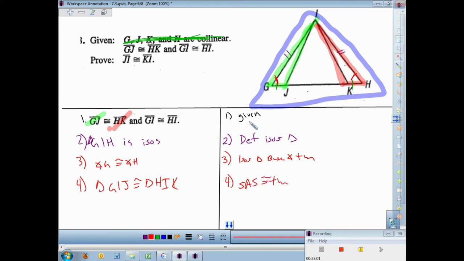That's rock and roll. And then to prove segment JI congruent to segment KI, those are corresponding parts. So I finally get segment JI congruent to segment KI because they are corresponding parts of congruent figures, so they should be congruent.